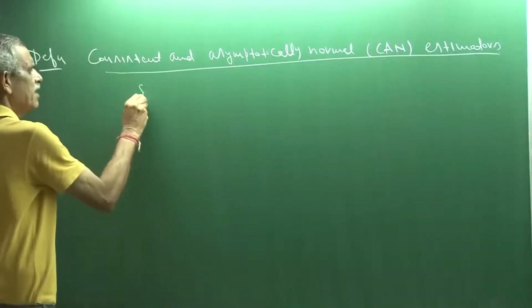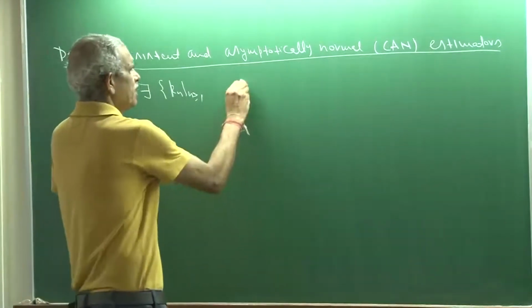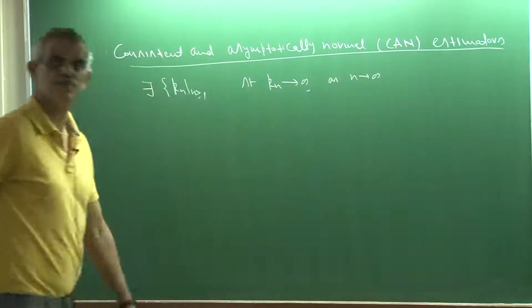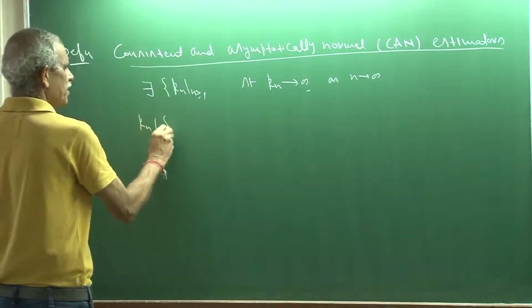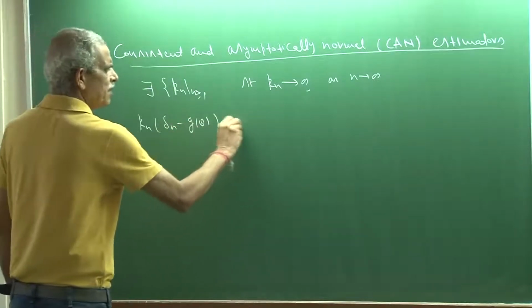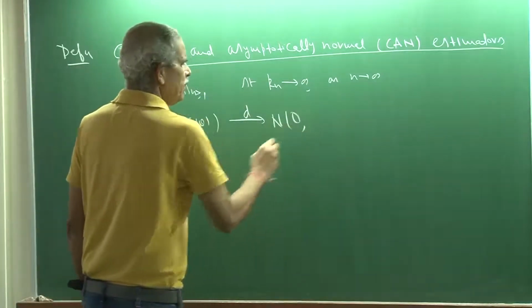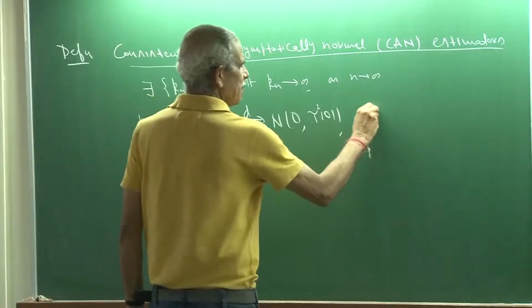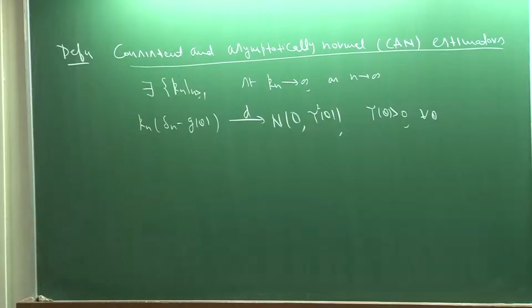There exists a sequence kn such that kn goes to infinity as n goes to infinity, and kn times delta n minus g theta goes in distribution to a normal distribution with mean 0 and variance tau square theta, where tau square theta is positive for every theta.